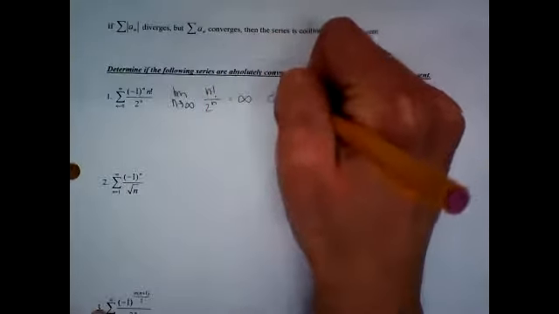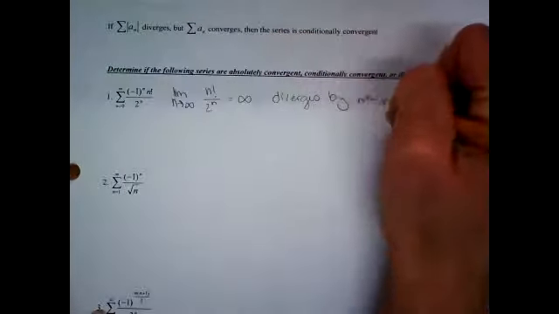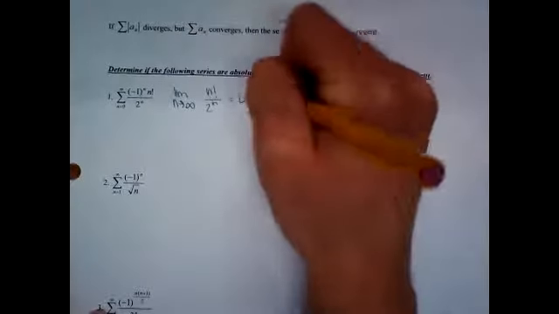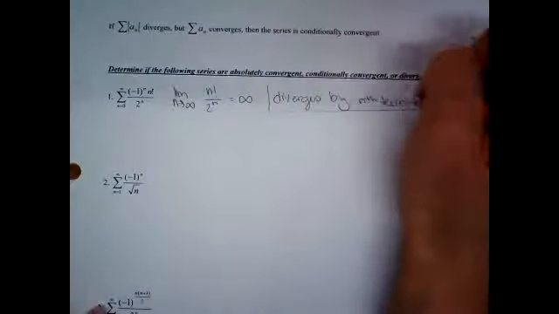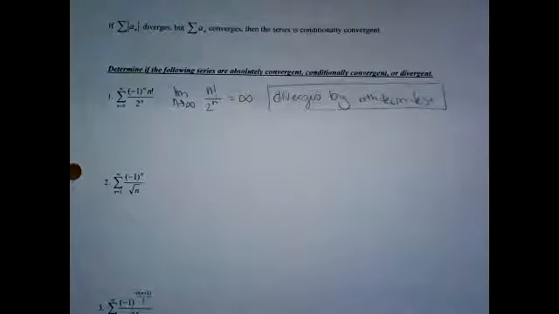It's going to go to infinity. So we can just go ahead and say that this diverges by the nth term test. So it does not converge absolutely or conditionally. I just wanted to put one like that on there so you could see that those aren't the only two options. It can converge absolutely, it can converge conditionally, or it can diverge, which means it doesn't do any of those, which would be the case there.